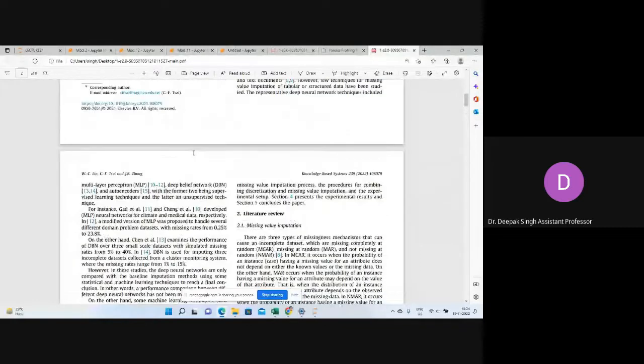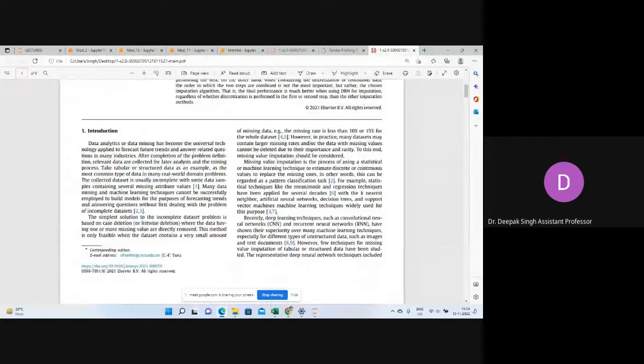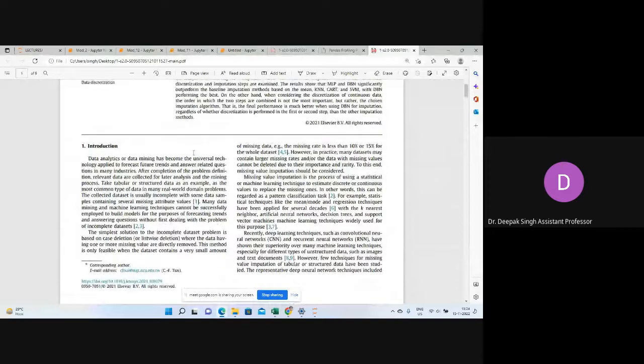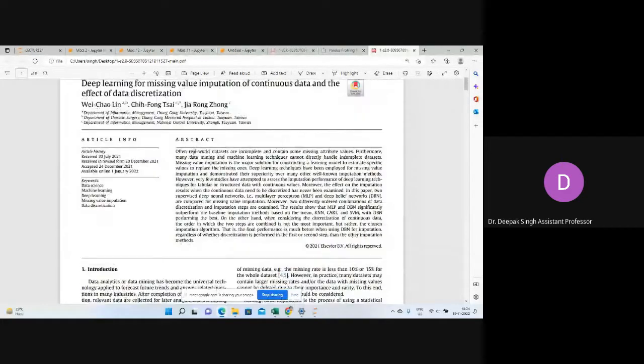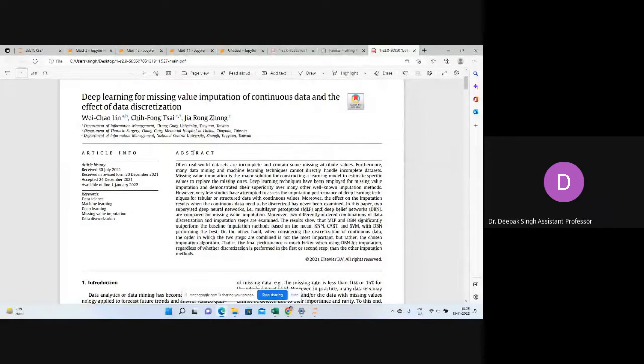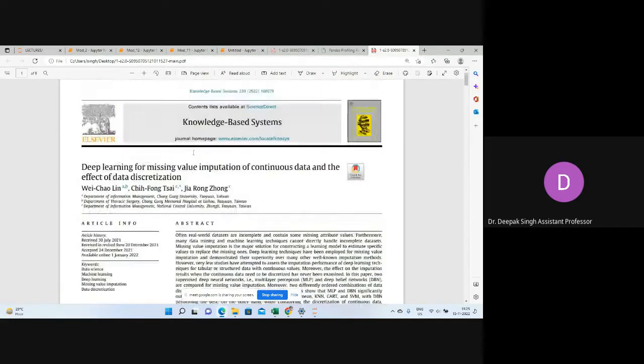The paper is more relatable to the topic that we discussed in the second session. It's about data imputation only. In fact, the iterative data imputation technique that we learned was proposed 20 years ago, and you can see this paper was published in 2022.